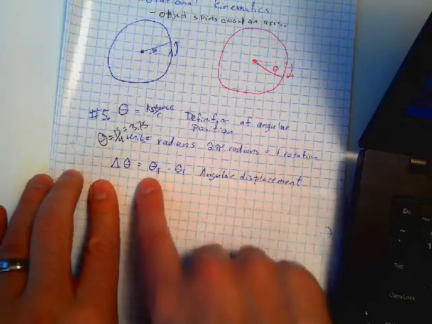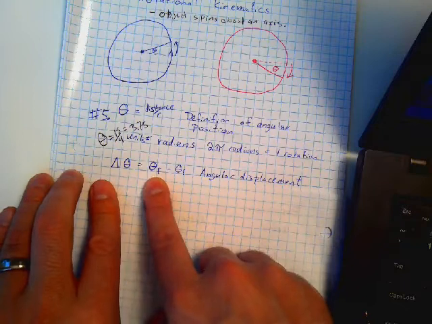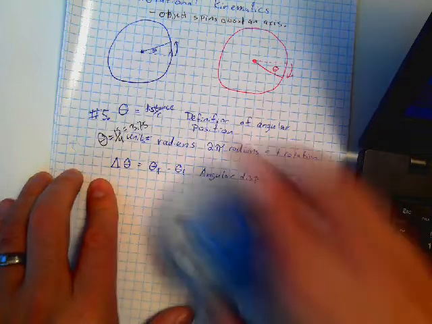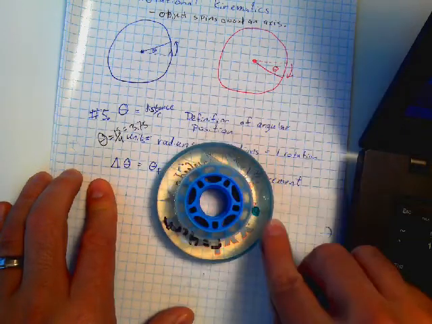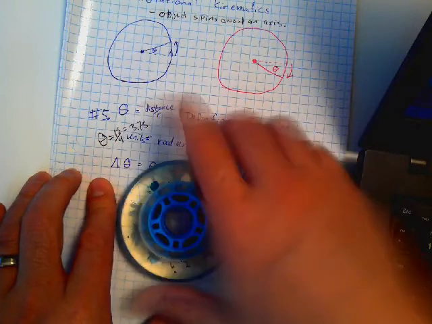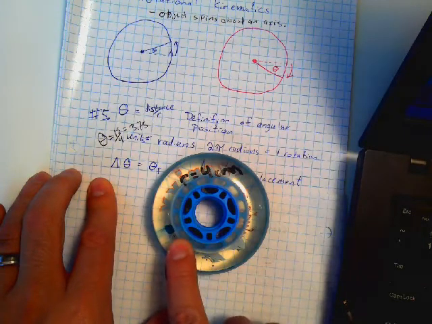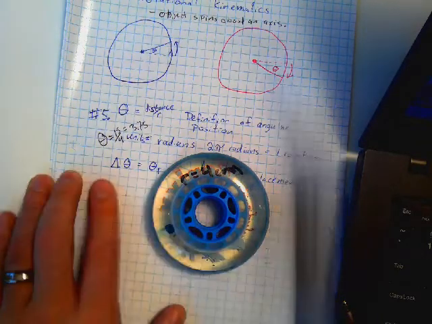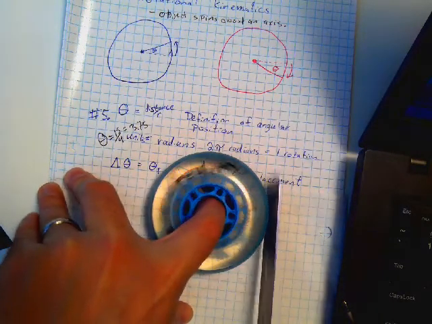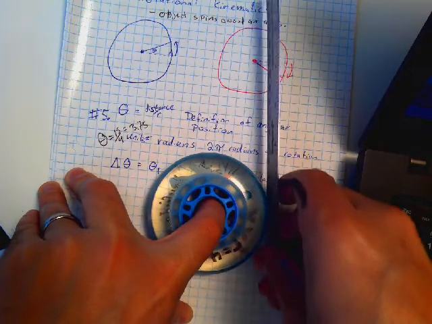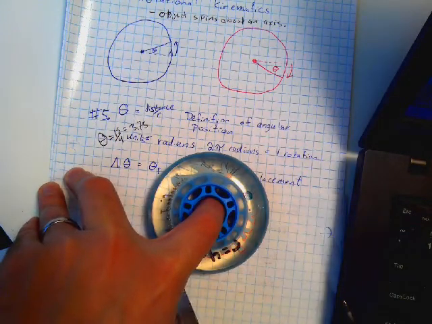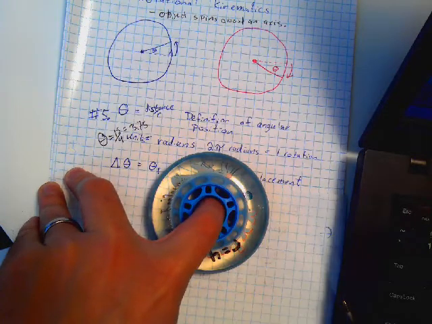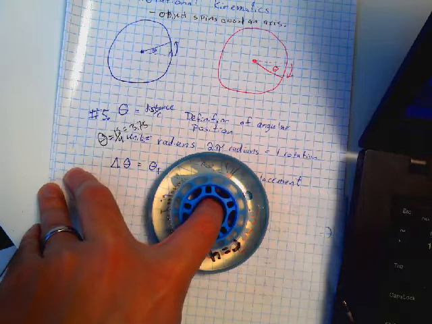But basically, your final theta minus your initial theta is your angular displacement. So if we started with a theta of 0 and we rotated it through to 3.75, that'd be 3.75 minus 0. Now if I did another 15, so now I'm up to 30, I could do its position here minus the 3.75, and I would find that I went another 3.75. Okay?